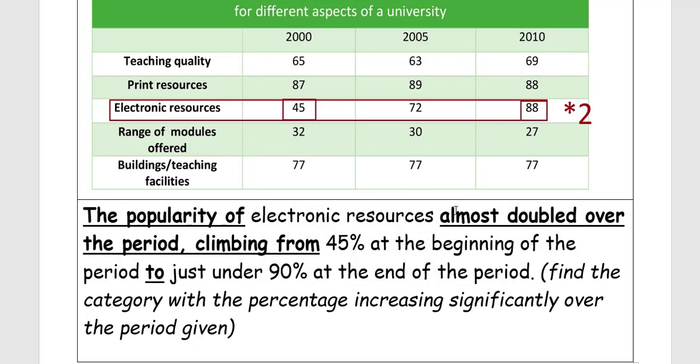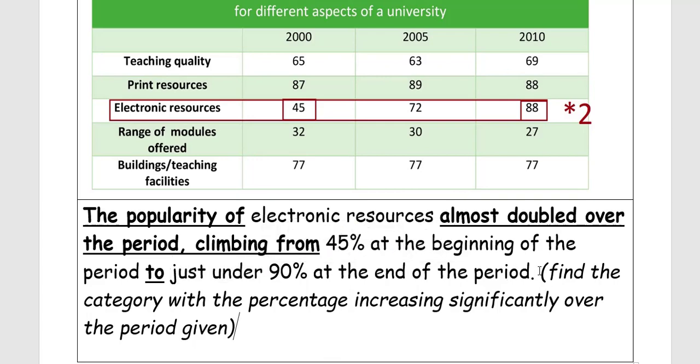And that's why I wrote almost doubled. The expression over the period means during the period. And here you need to be more specific, climbing from, which means increasing from, and then 45 to just under. The expression just under means a little less than or slightly less than.